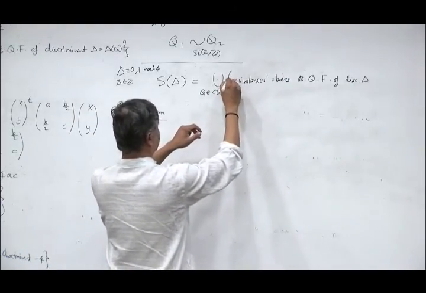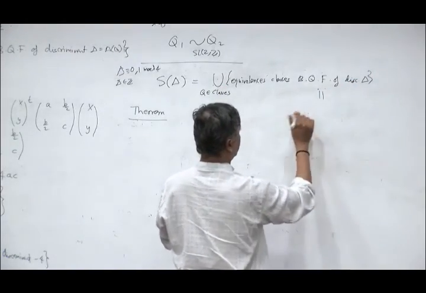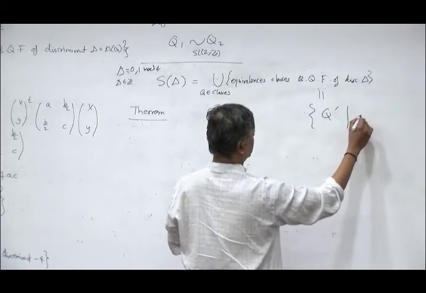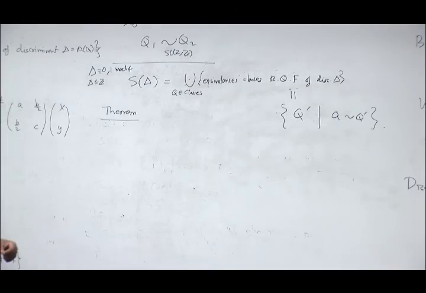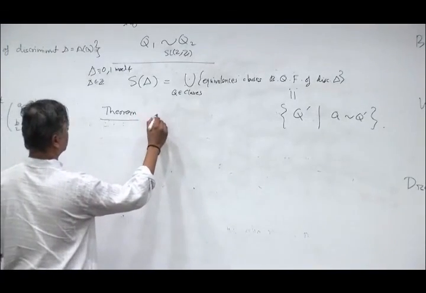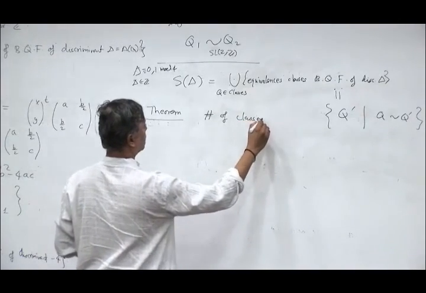So this set is really by definition all Q prime such that Q is equivalent to Q prime. Okay, and then theorem 1 says that the number of classes is finite.